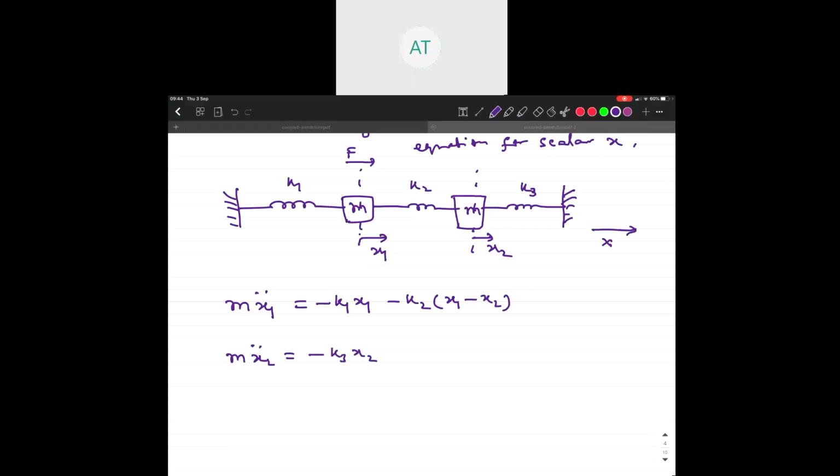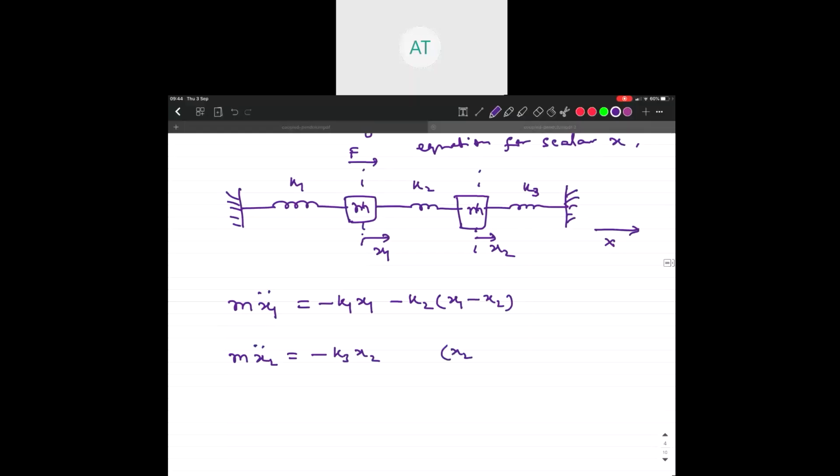And then because it is stretched by an amount x2, and x1 was the deflection of the first mass, the spring k2 is stretched by an amount x2 minus x1, and therefore the restoring force again is in the negative direction of this.